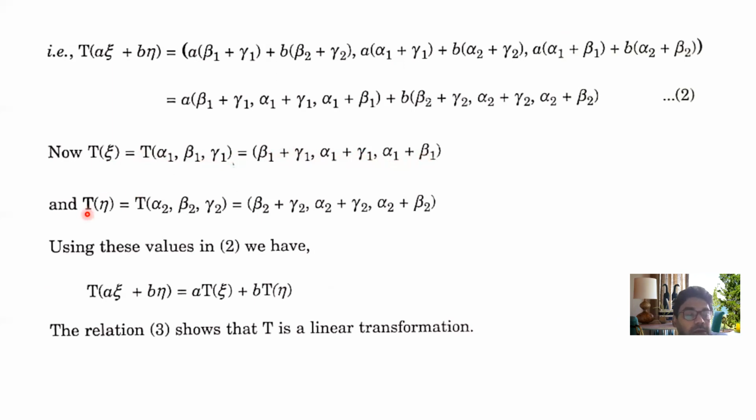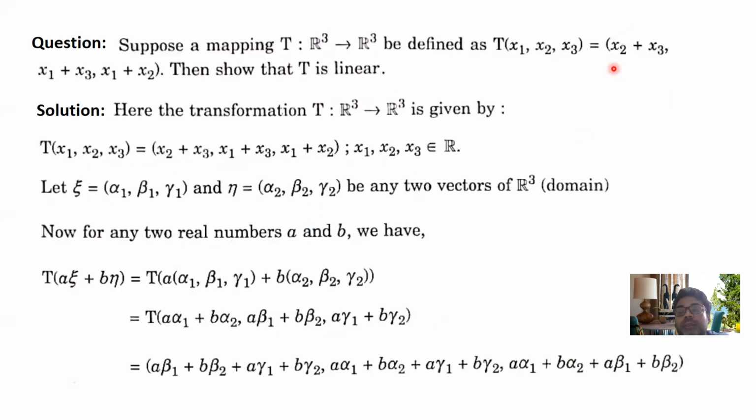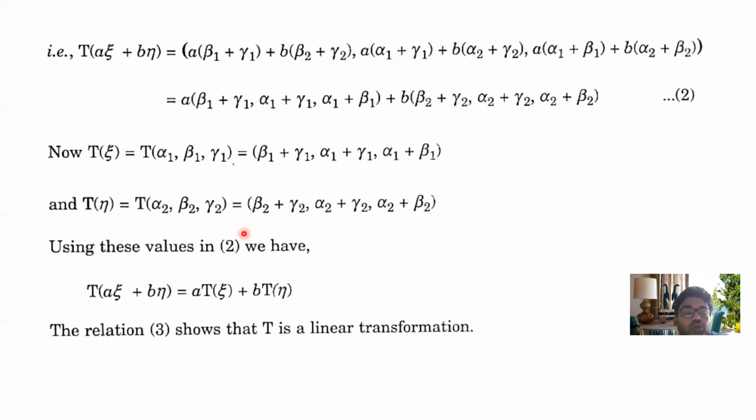Similarly, T zeta is equal to T(alpha 2, beta 2, gamma 2), which is equal to (beta 2 plus gamma 2, alpha 2 plus gamma 2, alpha 2 plus beta 2). This all comes from the formula. So it is clear that the first part is nothing but T eta and the second part is nothing but T zeta.